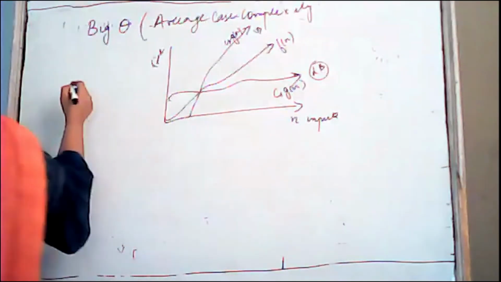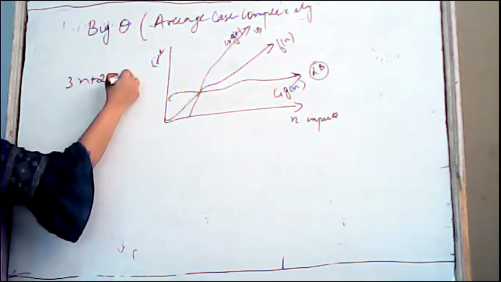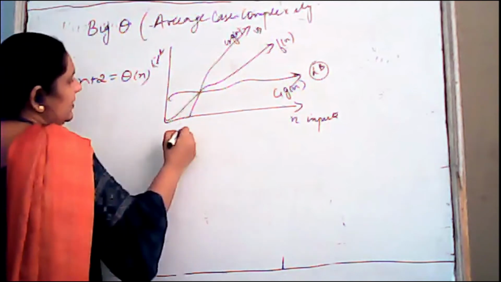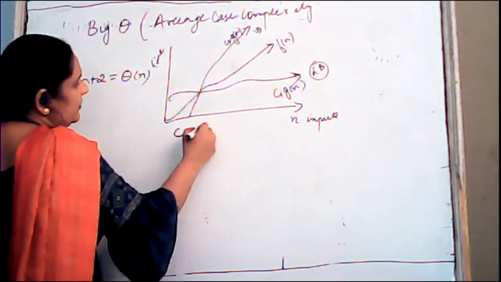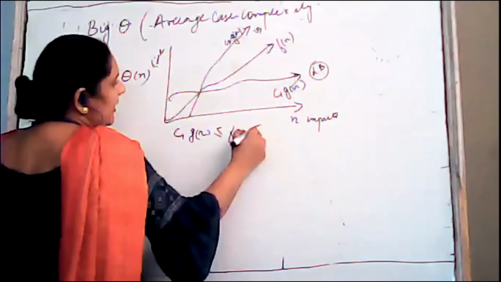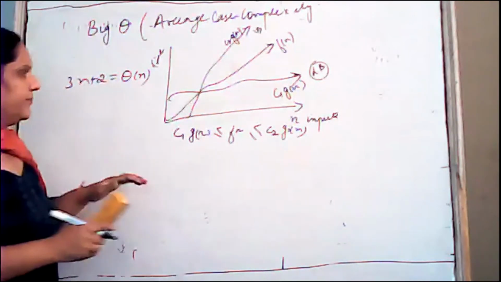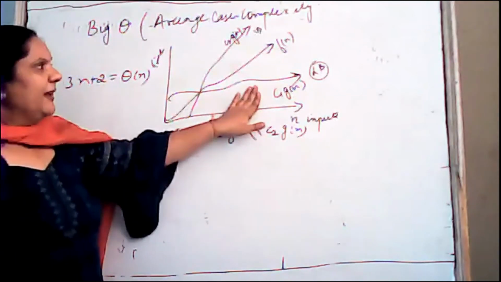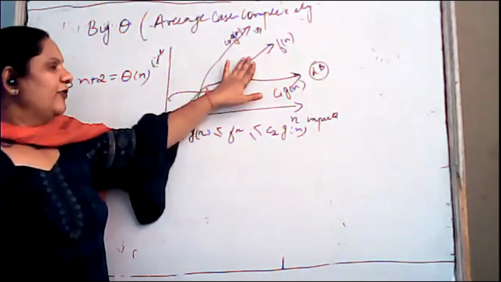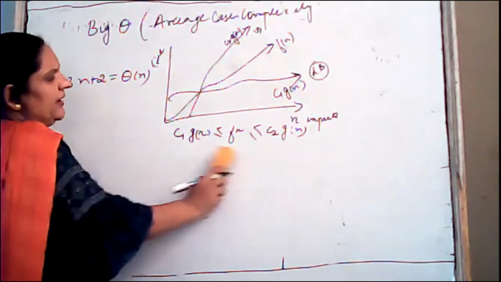The same equation is there. We have to find 3n plus 2 is equal to theta of n. For that, your condition is generally this: C1 of g(n) should be less than f(n), and f(n) is less than C2 of g(n). This is my lower bound. The lower bound is always less than my main function, and my upper bound will always be greater than f(n). So f(n) lies in between C1 and C2.